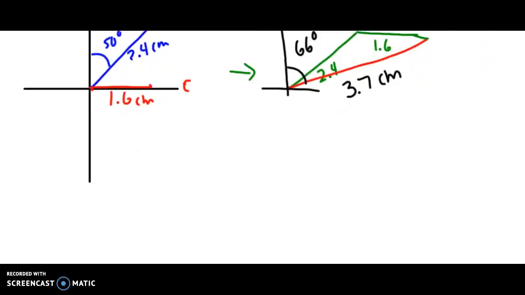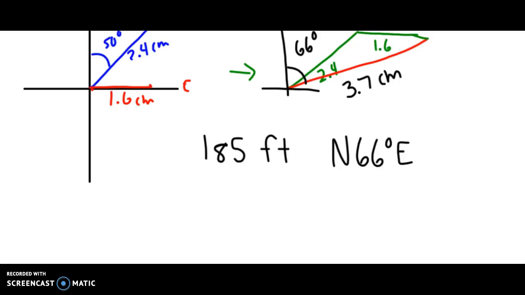She's going to be, well, let's see, 3.7 centimeters times 50 feet. We're going to multiply that together, and that ends up being 185 feet. And she's going 66 degrees east from north. So it'll be north, 66 degrees east.